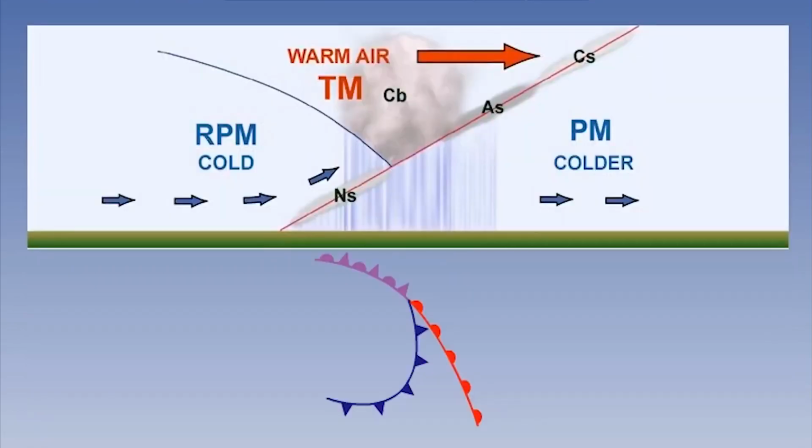There are actually two types of occluded front, a warm and a cold occlusion. The type of occlusion depends on the relative characteristics, especially the temperatures, of the two air masses ahead of the warm front and behind the cold front. If the air behind the cold front is warmer than the air ahead of the warm front, this happens.